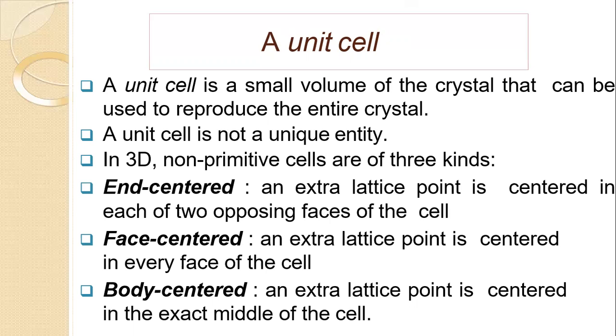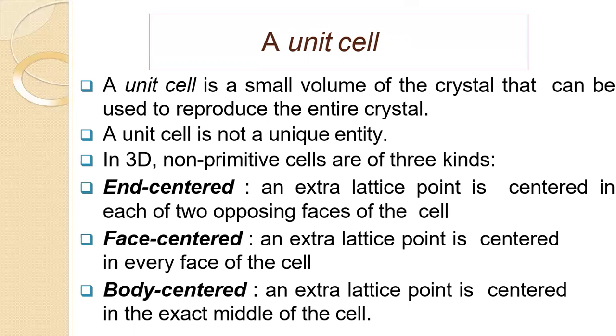Next, coming to the face-centered. An extra lattice point is centered in every face of the cell. I am taking an example here. A cube has 6 faces, in every direction and the top and bottom faces, that is 6 faces.